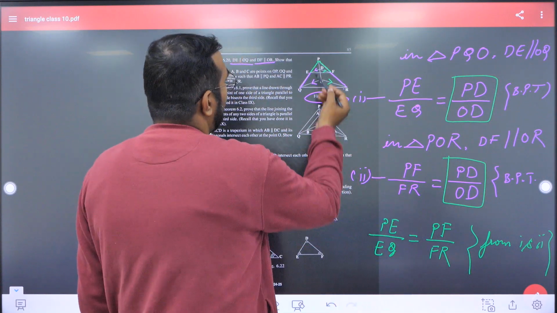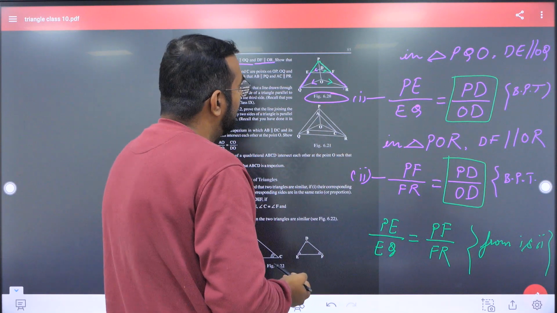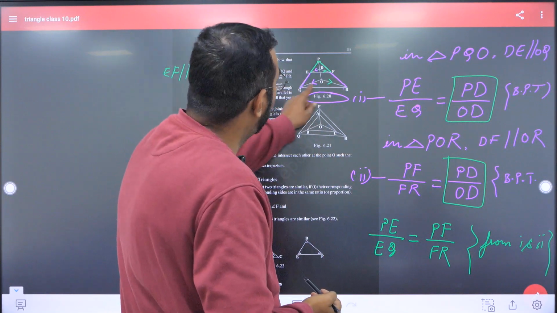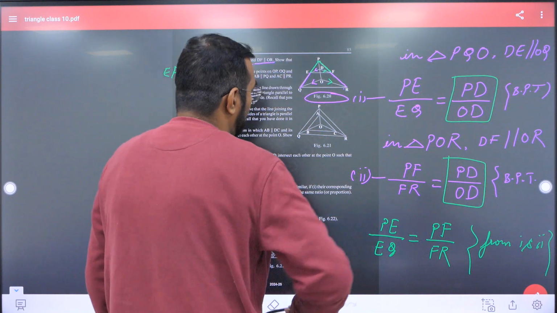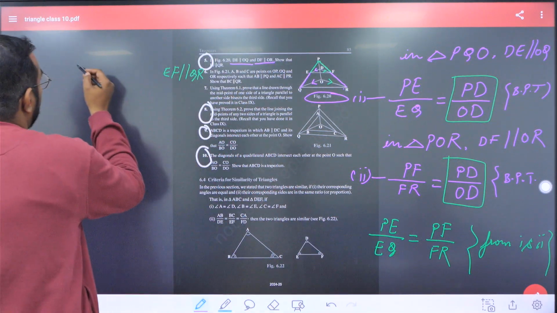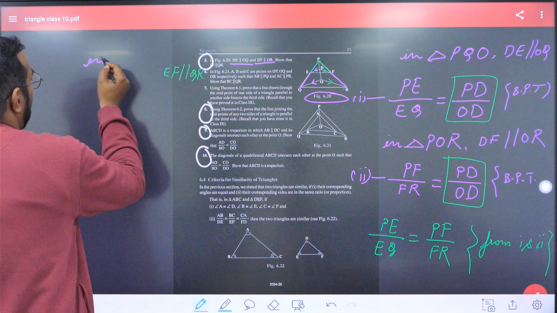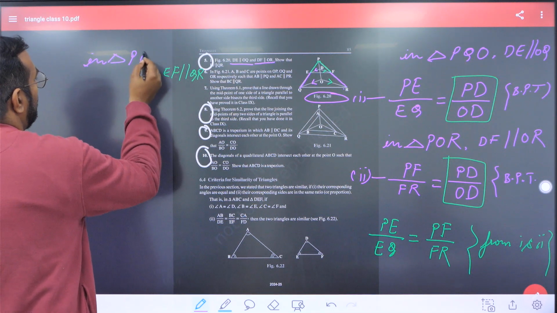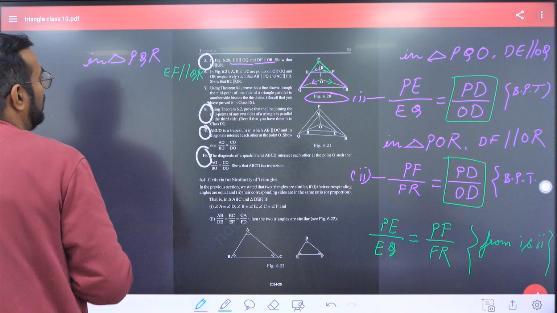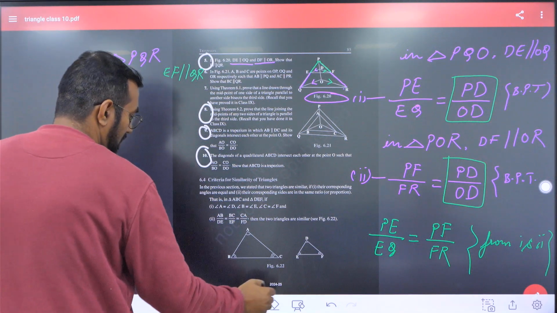So in triangle PQR we can say that EF is parallel to QR, right? So we will write it here.